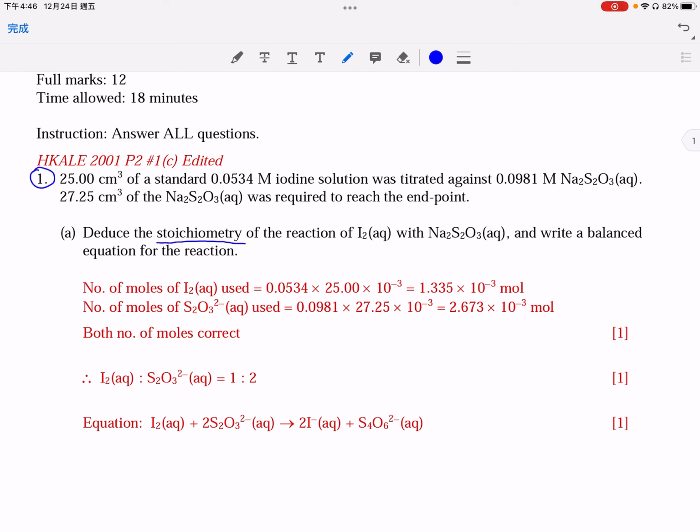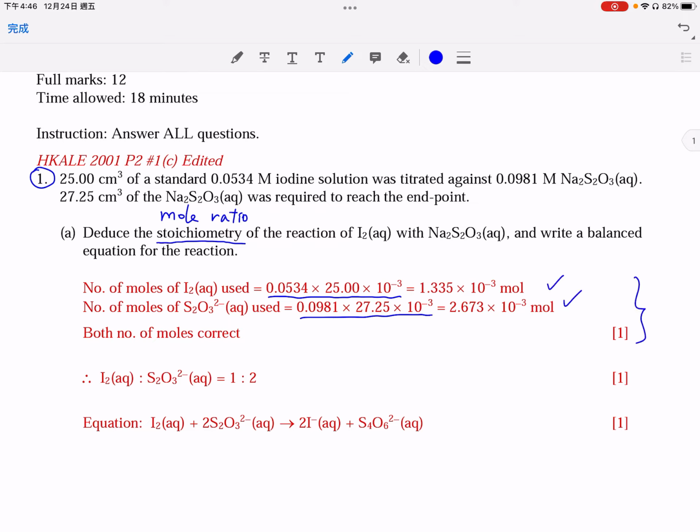First of all, the term stoichiometry means the coefficients on the balanced chemical equation. Right here, you may regard it as the mole ratio. As you are provided with the data about the reactants, you can quickly determine their number of moles.